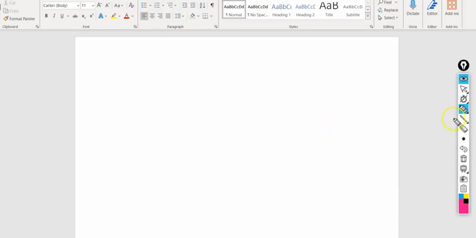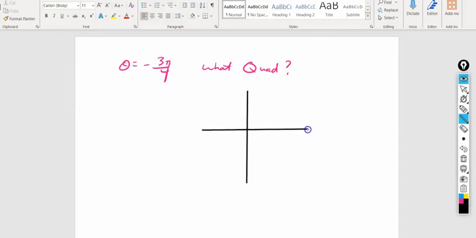What if I do negative 3 pi over 4? What quadrant's that in? Well, where's it going to be? It's going to be somewhere between negative pi over 2 and negative pi.